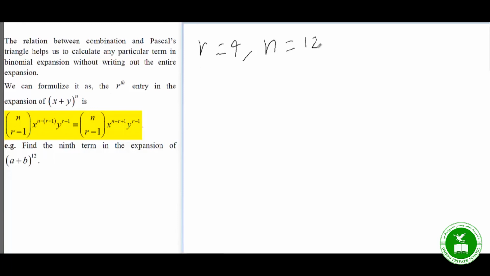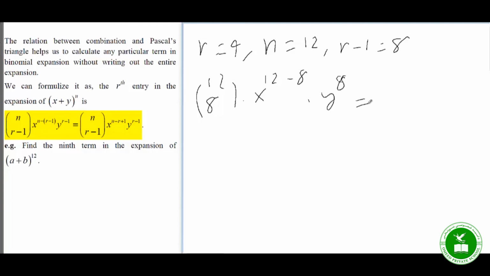By using the previous formula, we can write it as a combination of, and let me find r minus 1 also. r minus 1 is equal to 9 minus 1 is equal to 8. So the ninth term of this binomial expansion is combination of 8 from 12 times x to the power of 12 minus 8 times y to the power of 8.